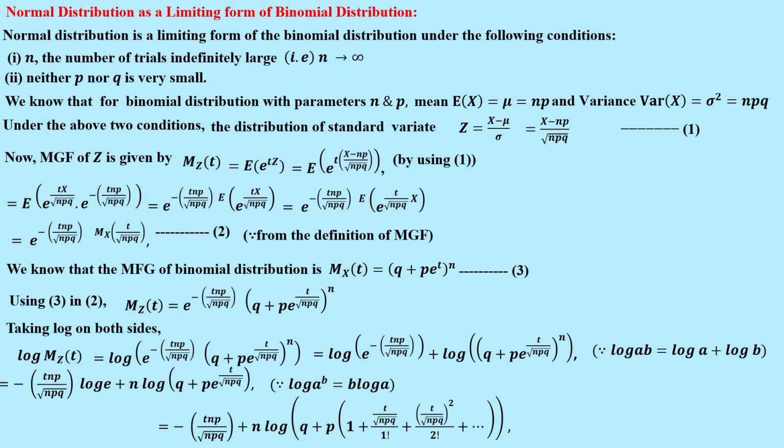E power x is equal to 1 plus x by factorial 1 plus x square by factorial 2, etc. Instead of x, you are having t divided by root npq. So n log of q plus p into 1 plus t by root npq by 1 factorial plus t by root npq whole square by 2 factorial plus etc.